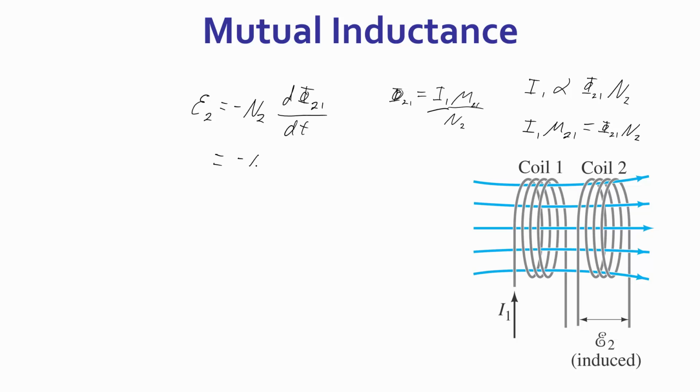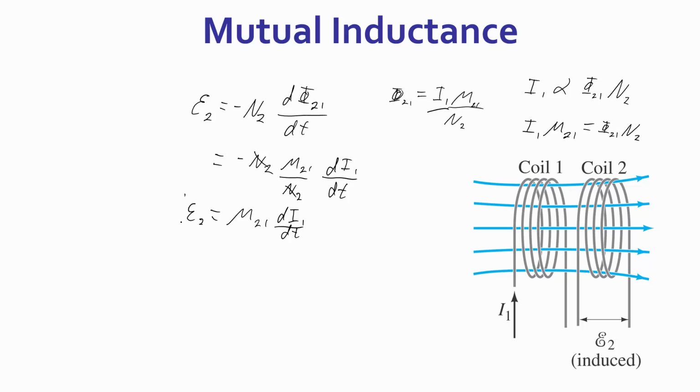So I'm going to get N2, an M21, another N2 over here, and I'm just left with the current in coil number 1 in my derivative over here. These N's go away, and I get a nice expression for the EMF in coil 2 due to the changing current in coil 1.